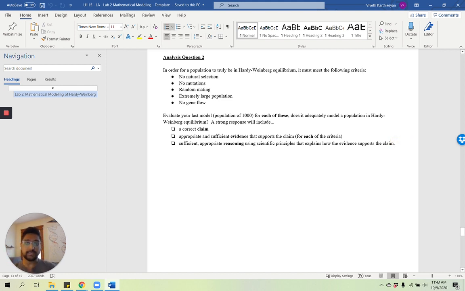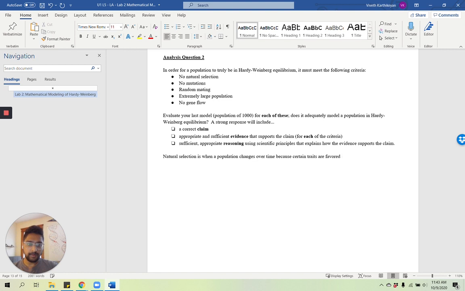So for each of these criteria, what I want to do is start with what is the definition of it. So I could start with natural selection is, and I know that natural selection is when a population changes over time because certain traits are favored and they give the organism a fitness advantage.